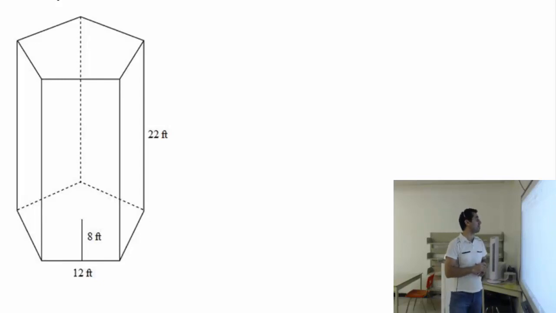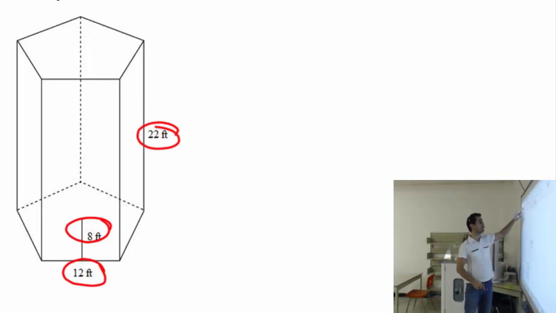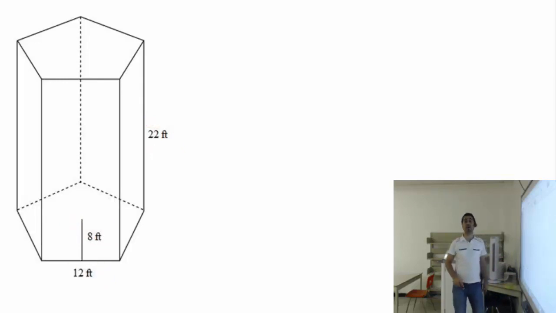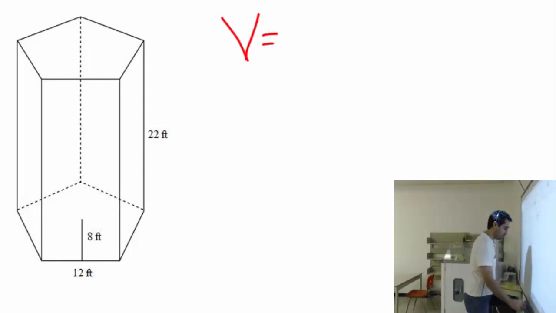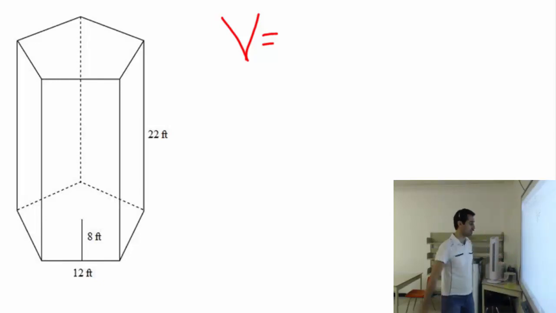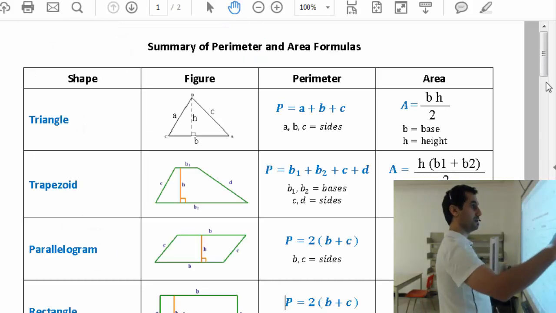You will see one of the questions will be very much like that. You will be given this information: 22 there, 8 there, and 12 there. So what is the volume and surface area of this shape? Let's write down the volume formula first. Since this is a prism, let's go back to the formula handout.